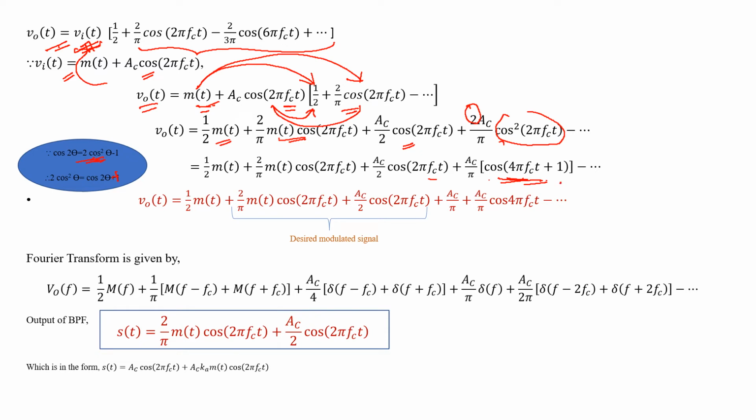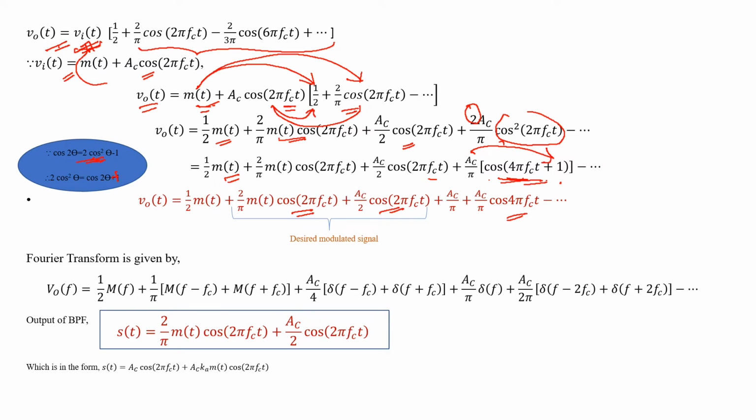So when you cross multiply it inside, you will be getting 1 by 2 into m of t, 2 by pi into m of t into cos 2 pi fct plus AC by 2 into cos 2 pi fct plus AC by pi, that is into 1, and AC by pi into cos 4 pi fct. So actually what should be your modulated signal?